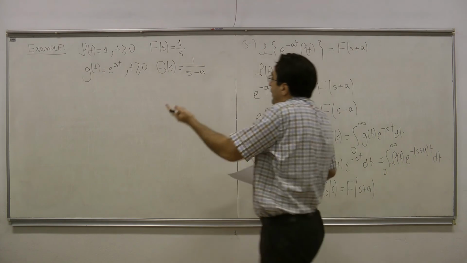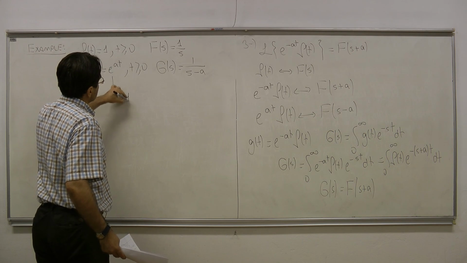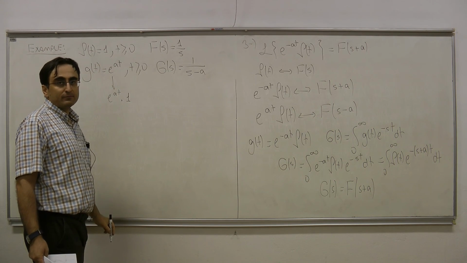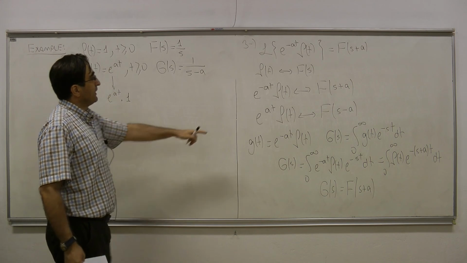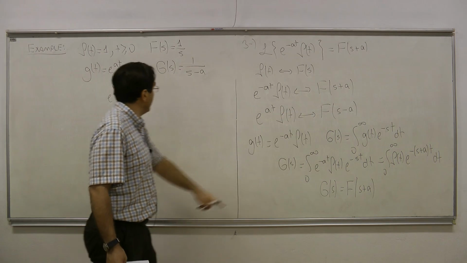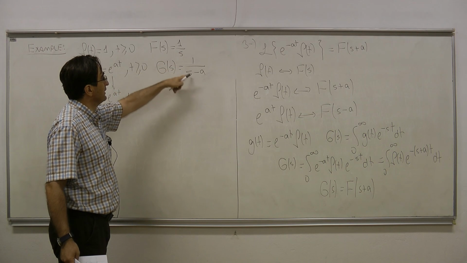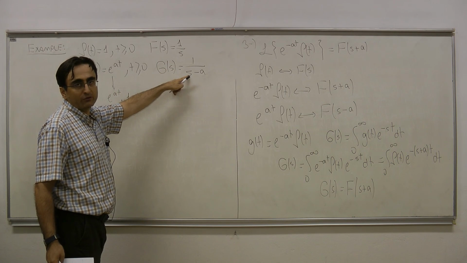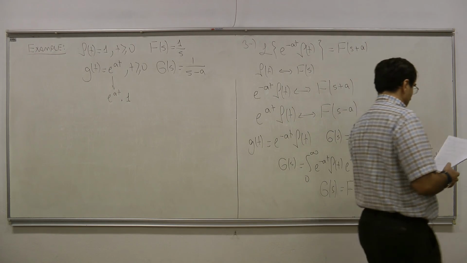Okay? And why is that? Because e to the at is nothing but e to the at times 1. Okay? And you see here that if I use the property given like this, I need to substitute s minus a, which gives me this Laplace transformation. That is something that we didn't emphasize before.